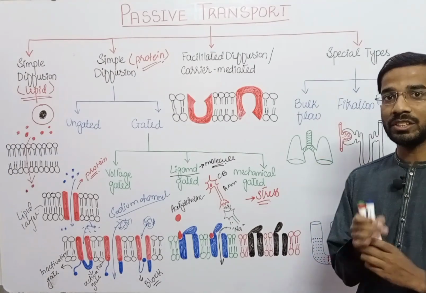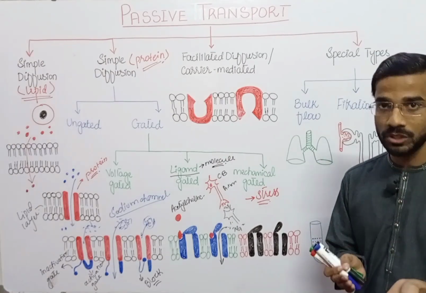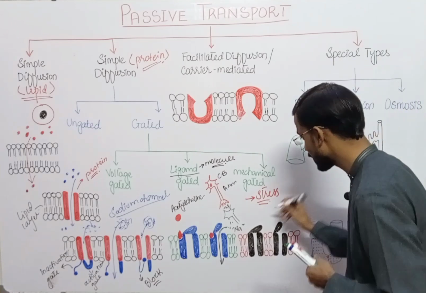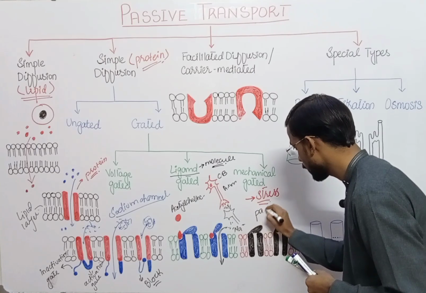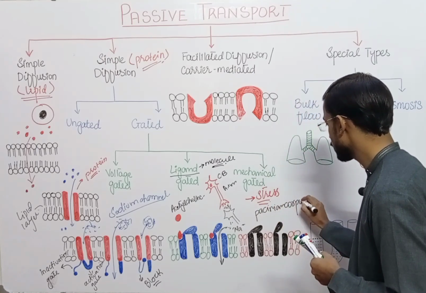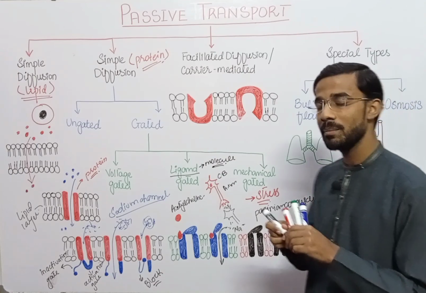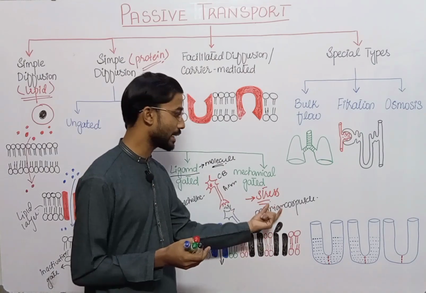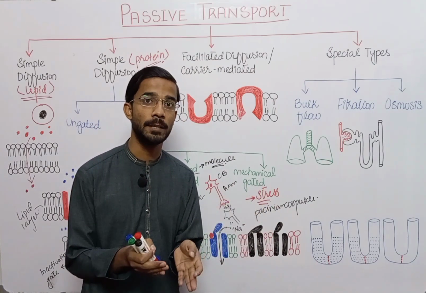So mechanical gated channels open in the presence of stress. Let's suppose we talk about the Pacinian corpuscle. These are basically the corpuscles or the receptors which detect the pressure in the skin.